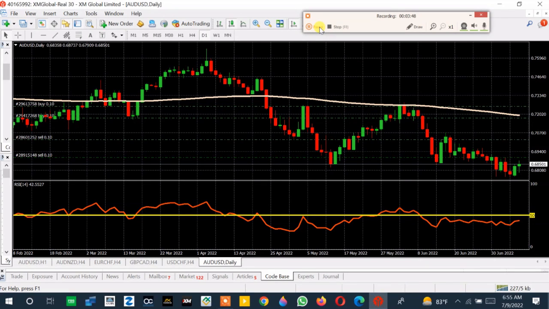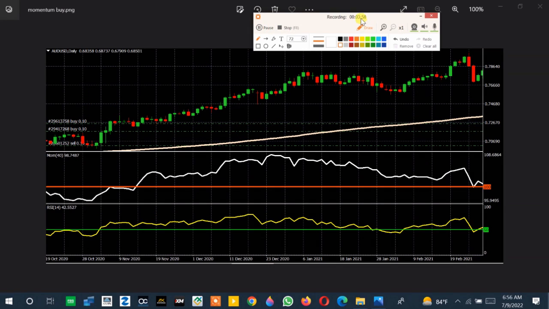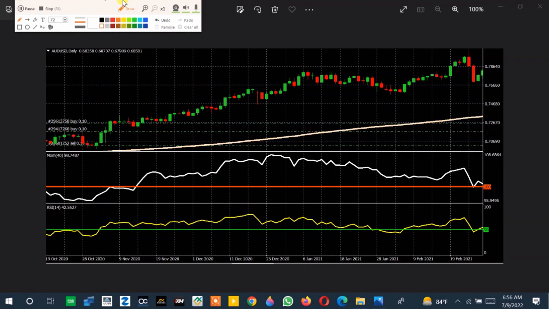Now we go to the practical chart, to see when and how we make a buy entry and a sell entry. On this chart, this is the momentum indicator.